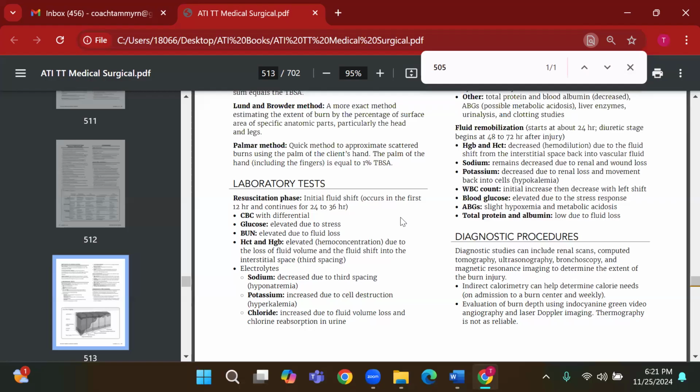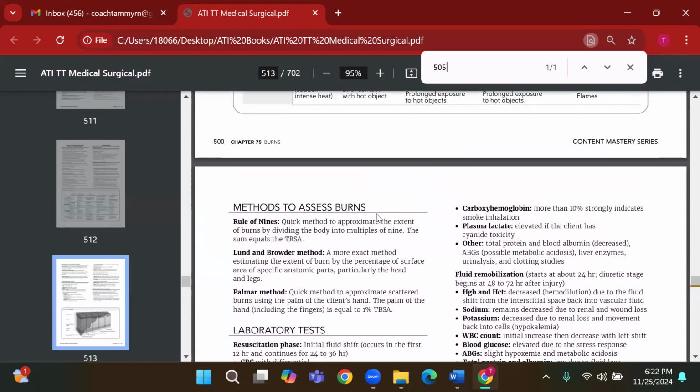Because when you have a burn patient, you've got to resuscitate their fluid because they lose a ton. And right here, you can see why these labs are off: it's because of the fluid shifts. So within the first 12 hours, and continuing for 24 to 36 hours, we're going to be focused on giving fluid to this patient, okay?